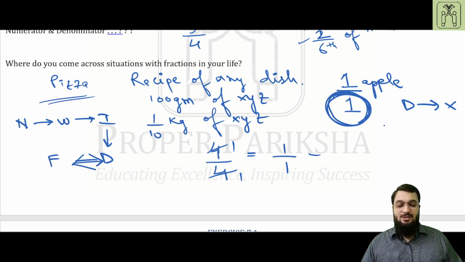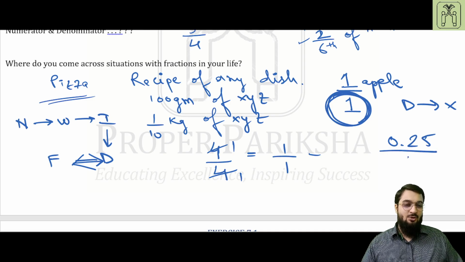For example, if it is written as 0.25, then 0.25 is actually 0.25 upon 1. If you want to remove the decimal, we multiply by 10 and then by 10 again, so it is multiplied by 100. Therefore, we get 25 upon 100.